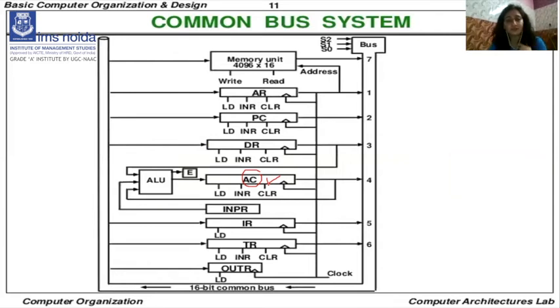Now, the accumulator register takes the input from the data register. But the value from the data register does not go directly to the accumulator register. From the data register, it will move to the arithmetic and logic unit. The arithmetic and logic unit will process that information, and after that it goes to the accumulator.